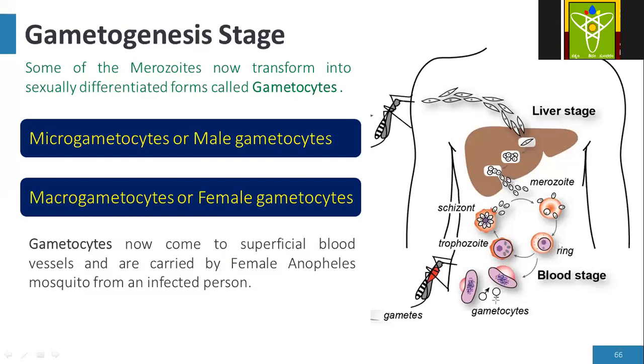Question here, Preeti is asking, sir, if the mosquito does not bite at that time, then what? Simple. The body's defense system will activate so much that it will kill each and every gametocyte, merozoite, etc. Then it is the end of that pathogen. But do you think there is only one human being? No, there are thousands of human beings. If the mosquito carries this from at least one human being, then it is sufficient to infect a large amount of the public.